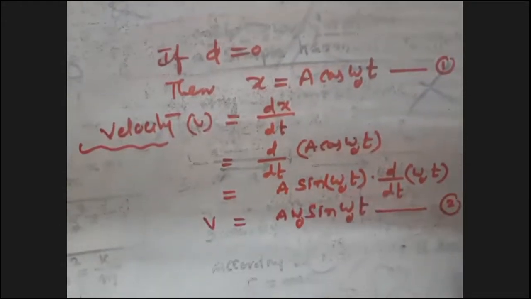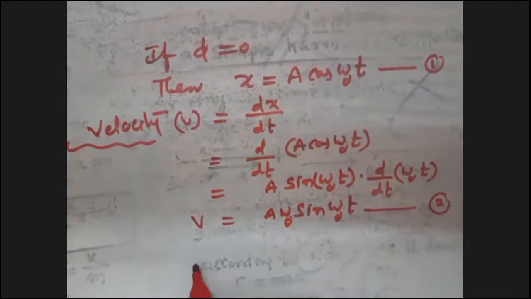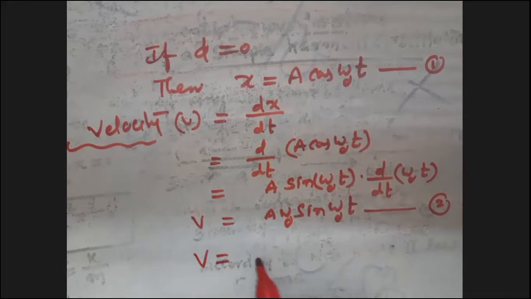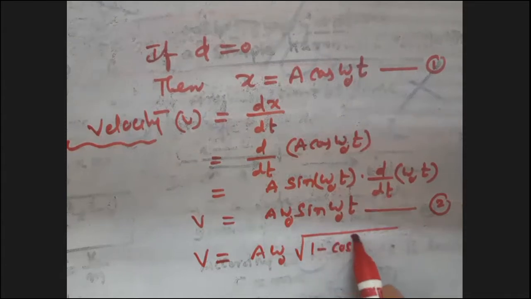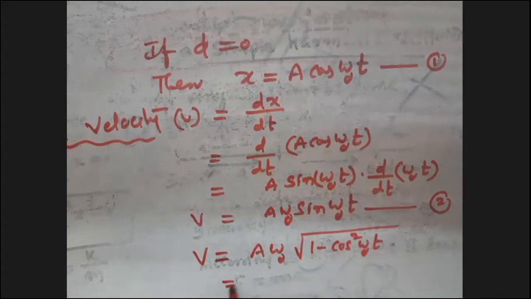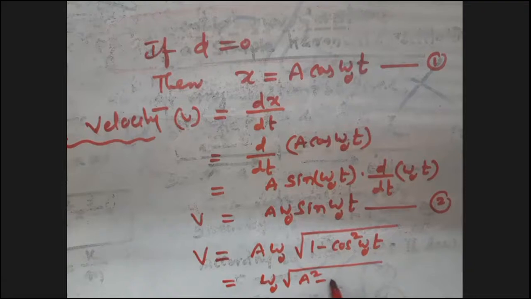You can write it in terms of displacement also. v is equal to A omega naught sine omega naught t, which can be written with root of 1 minus cos square omega naught t, because sine theta equals root of 1 minus cos square theta. That equals omega naught, writing A inside the root, root of A square minus A square cos square omega naught t.